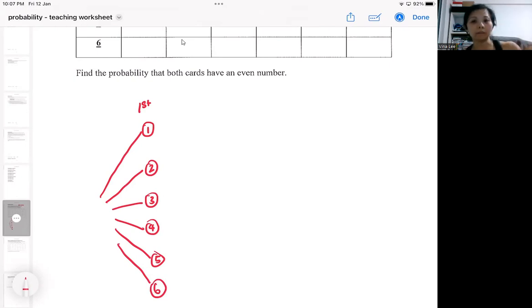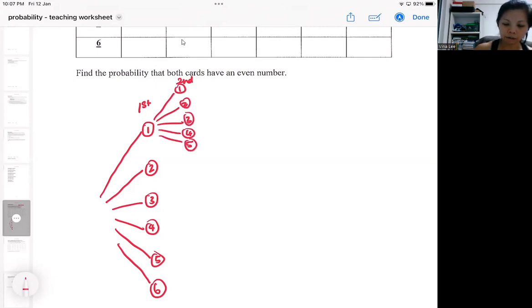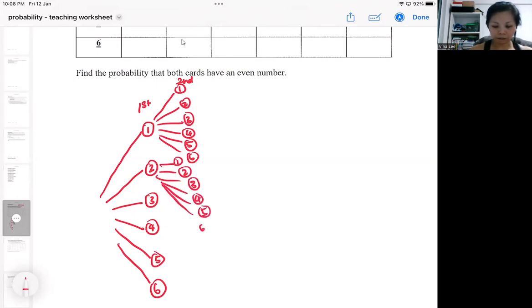Then you return the first card and draw a second card. By the time you go to the second card, it will be 1, 2, 3, 4, 5, 6. The same thing goes for here: it could be 1, 2, 3, 4, 5, 6.